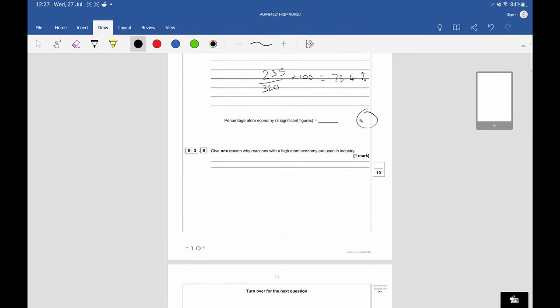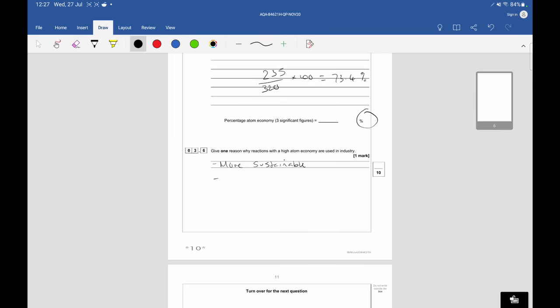Question 3.6 says, give one reason why reactions with a high atom economy are used in industry. Well, because they are more sustainable. It means you're making more of those products based on the reactants. Having a low atom economy means you're making a very small amount of what you want and wasting the rest of it.